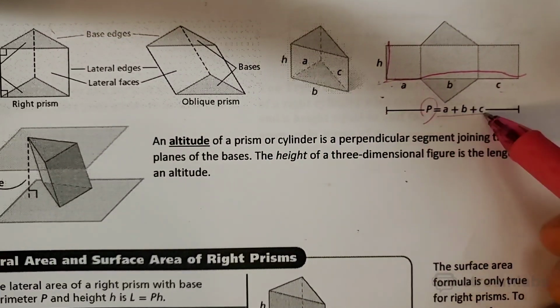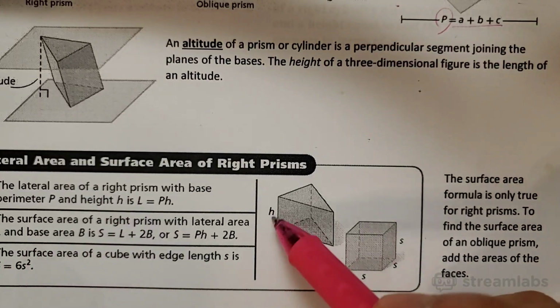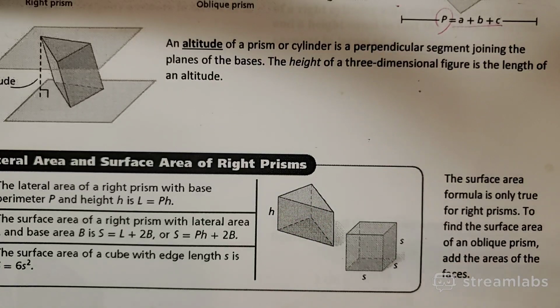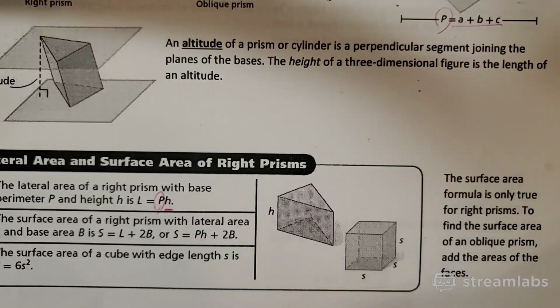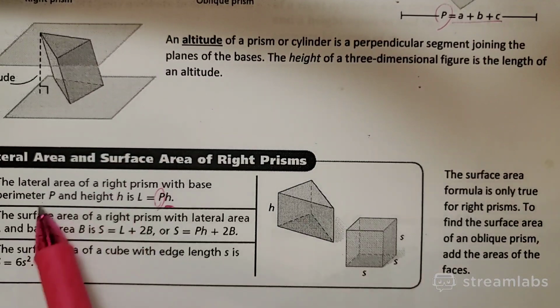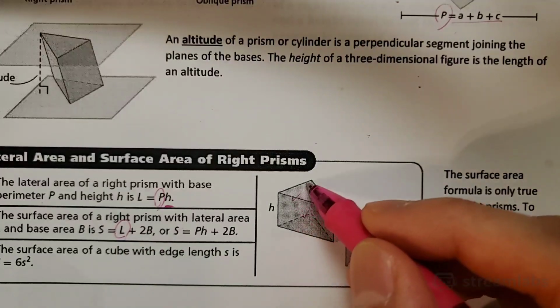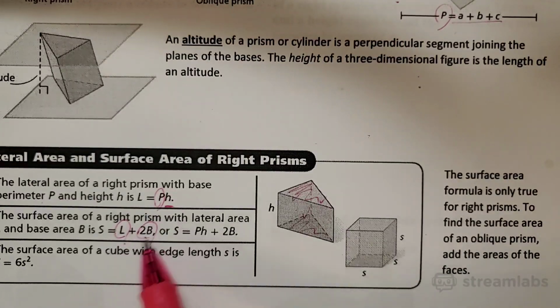So when we're looking at the lateral area, which is this plus this plus this, originally there are 3 parts, we can use the perimeter of the base times the height to take care of all 3 at once. So the surface area will be the lateral area, which is the sides, 1, 2, 3, and the top and bottom, the 2 bases. So you have lateral plus 2 bases.